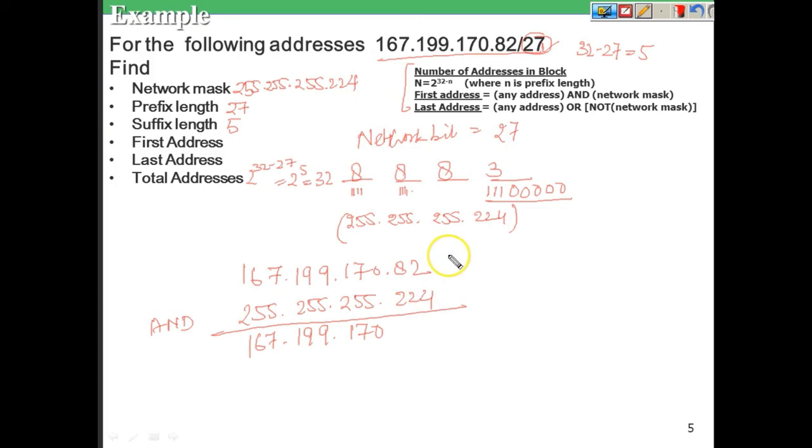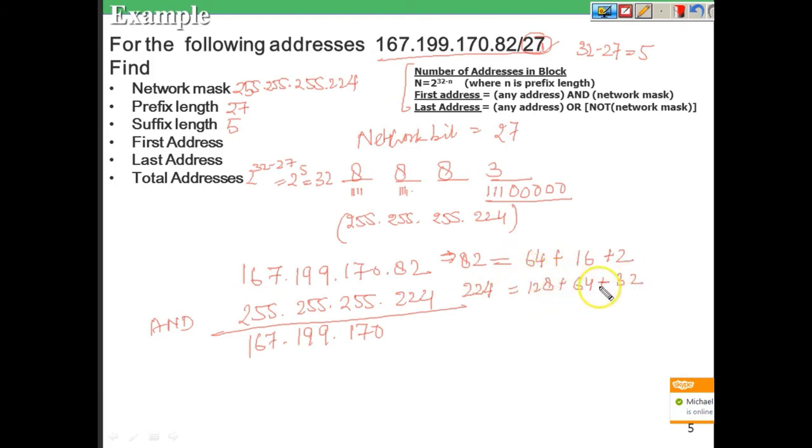So how can you find this? First we represent 82 and 224 as follows. 82 equals 64 plus 16 plus 2, and 224 is 128 plus 64 plus 32.